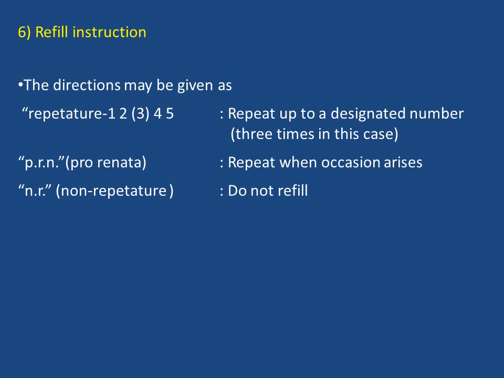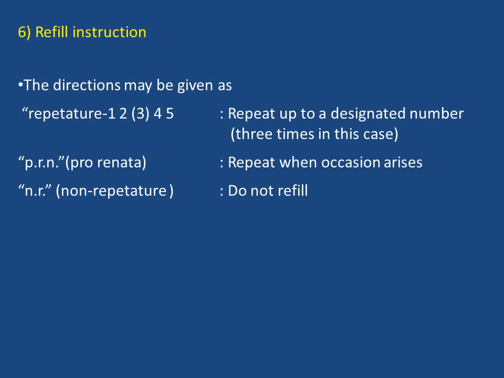The sixth part of prescription is the refill instruction. It consists of the direction to the pharmacist regarding repetition of the prescription for chronic treatment. It avoids misuse of medication by the patient.